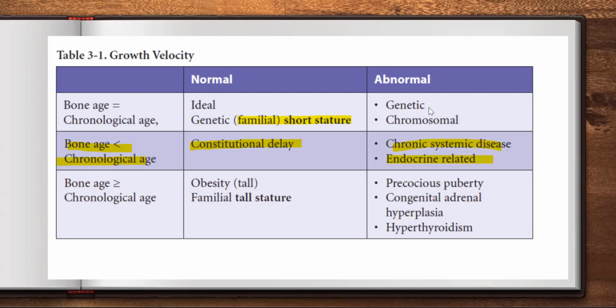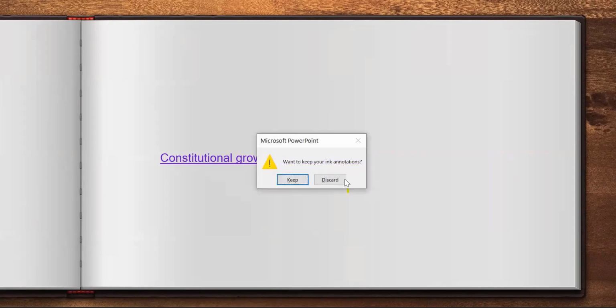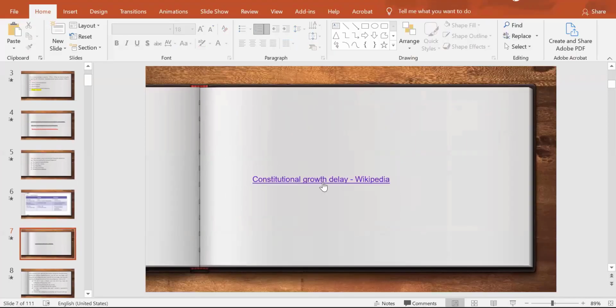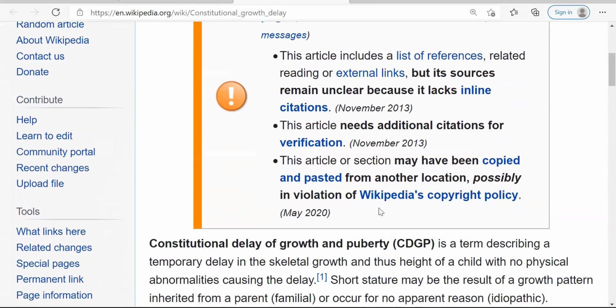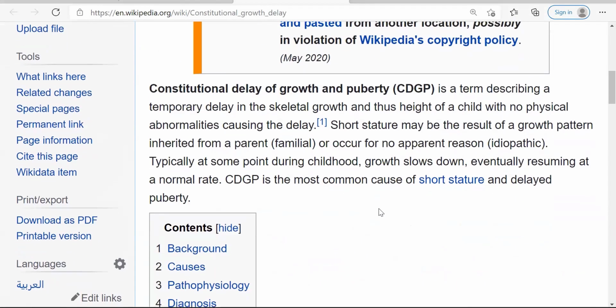Clear? It's very easy to find out during your exam. You just need to remember that in familial short stature, bone age is equal to chronological age. In constitutional delay, bone age is less than chronological age. Also, this is a very good link here. You can give it a read. It's Wikipedia, but sometimes Wikipedia can give you a good explanation.